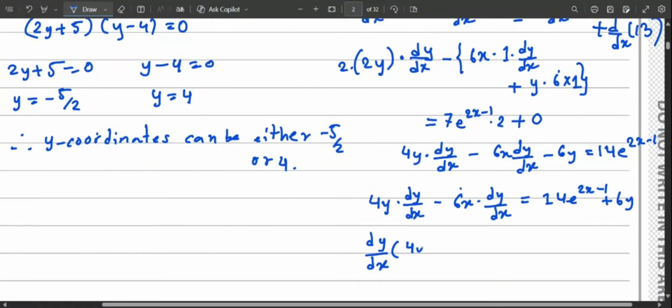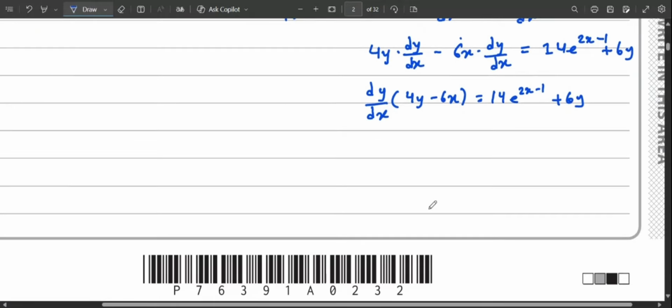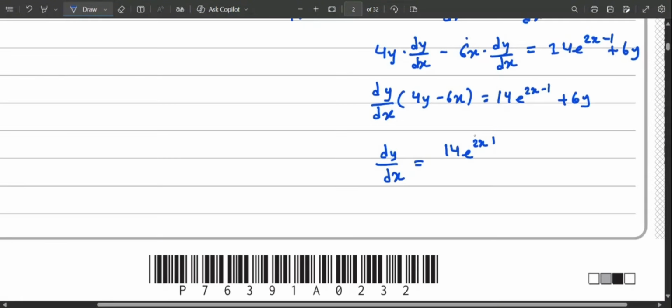So we get dy/dx times (4y minus 6x) equals 14 e to the power of 2x minus 1 plus 6y. From here we can see that dy/dx is equal to (14 e to the power of 2x minus 1 plus 6y) divided by (4y minus 6x). And this is our expression for dy/dx.